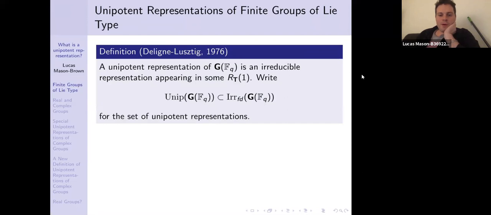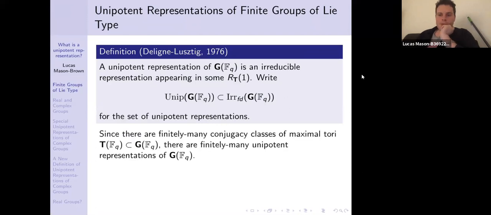For them, a unipotent representation is an irreducible constituent in R_T^1 for some rational torus T. An important observation here is that there are only finitely many conjugacy classes of rational tori in G, and therefore only finitely many unipotent representations, since this R_T^theta only depends on the conjugacy class of the pair (T, theta).